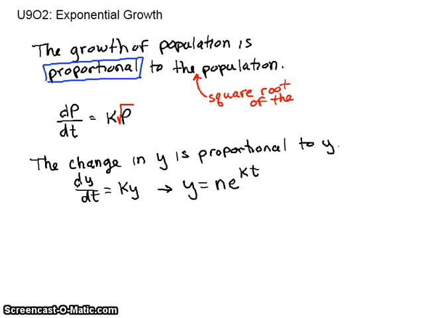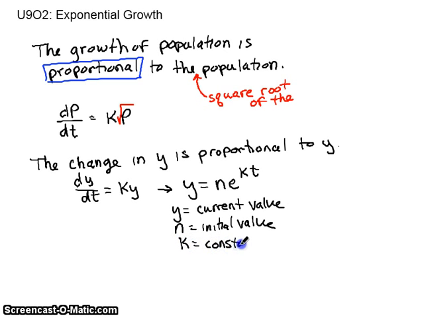Ne to the kt power, where y is the current value, N is initial value, k is a constant that generally we're going to have to find, and t is time. So Ne to the kt. So changing in Kentucky, you get to put your little hillbilly voices on and say we get necked, Ne to the kt power.